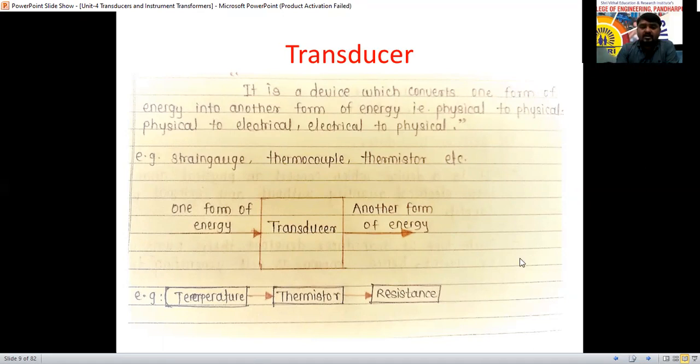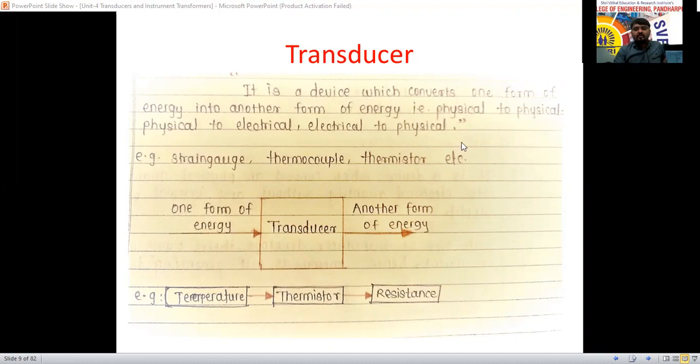The general definition is that a transducer is a device which converts one form of energy to another. We are not concentrating on mechanical, electrical and so on.